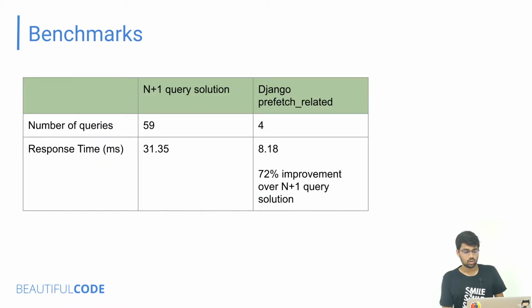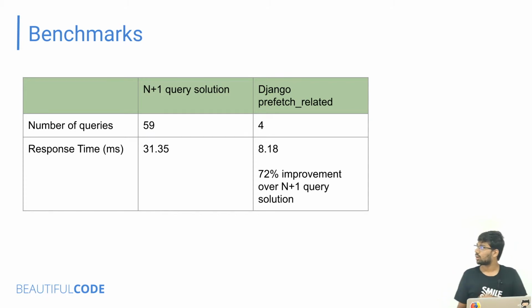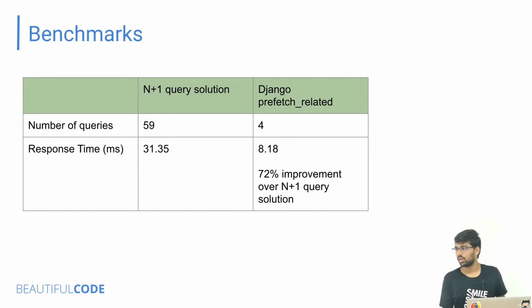If you look at the benchmarks, using the n+1 query solution the number of queries is 59, because getting all the genres takes n queries, getting all the authors takes n more queries, so it is 2n+1 queries here. Using prefetch_related there are only 4 queries.